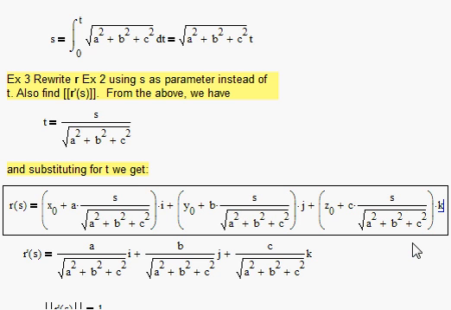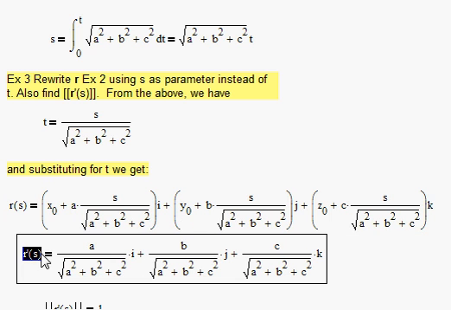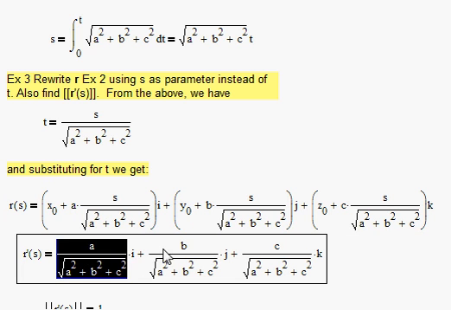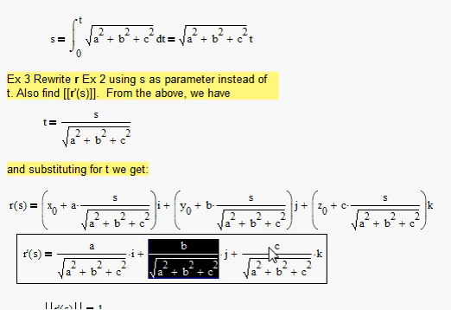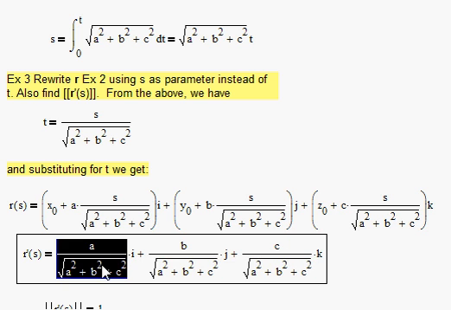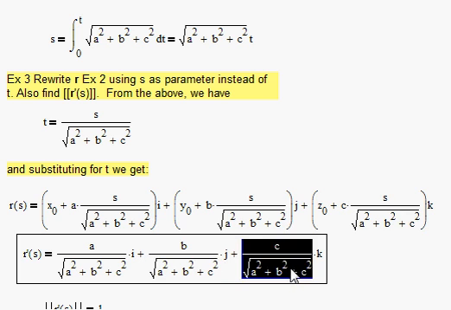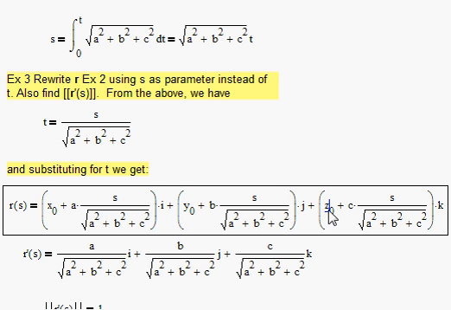And r prime, remember if you're taking derivatives, this a divided by the square root of a squared plus b squared plus c squared is just a constant, so r prime of s is a over this times i, b over this times j, c over this times k, because the z0, the y0, and the x0 are all constants.